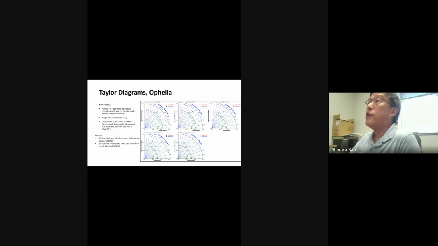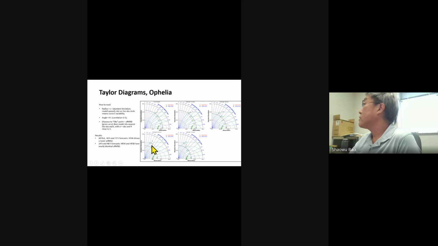Taylor diagram for Ophelia. We can see for the 24-hour forecast and 48-hour forecast, the distances of HAFS A and B to the green center, the observation, are almost the same. For 48 hours, actually HAFS B seems to be very slightly closer than HAFS A to the observation.